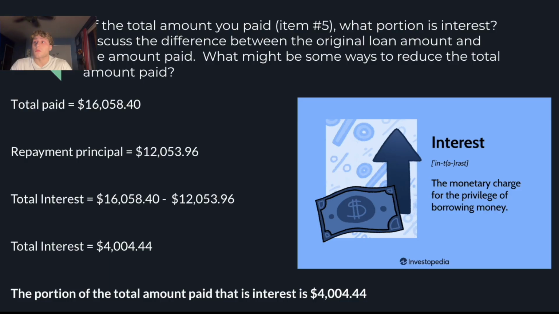If you change from a 10-year plan to a 5-year plan, which is a very short time frame, that will significantly decrease the $4,000 of interest you have accumulated, because it's all accumulated over the 10 years of repayment.